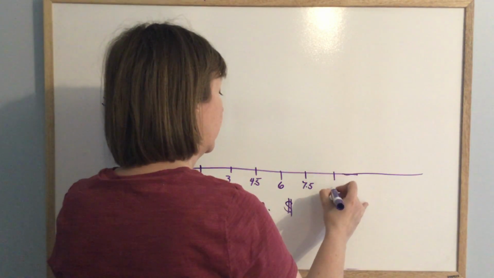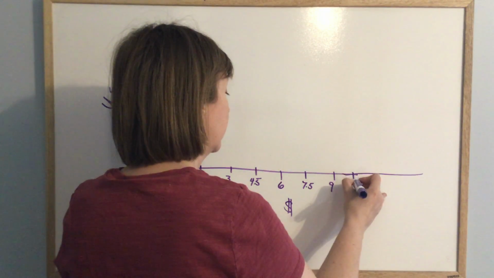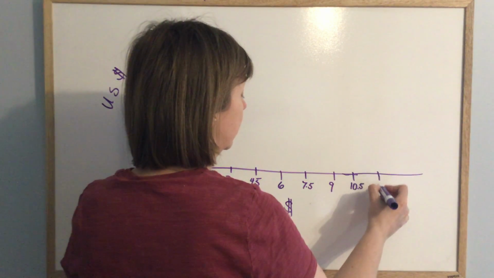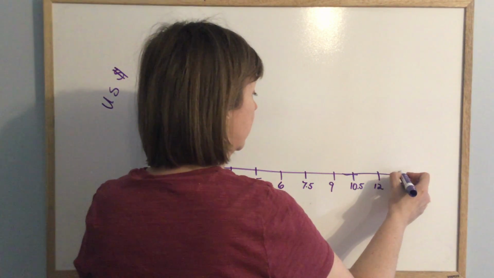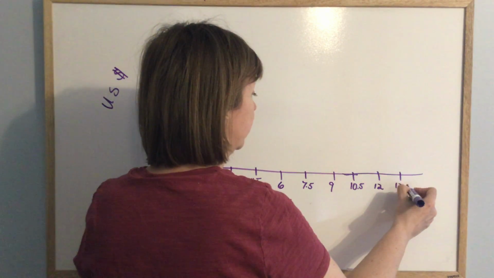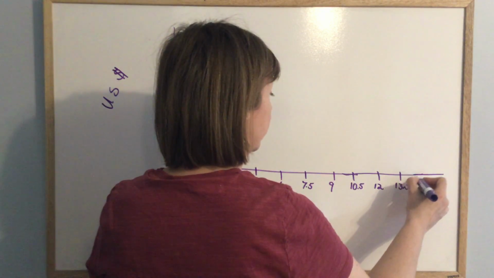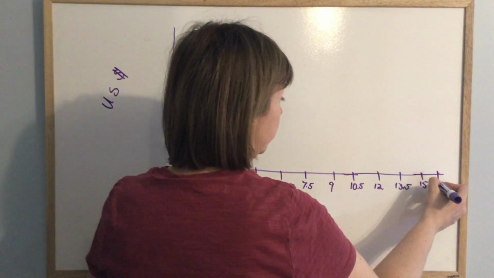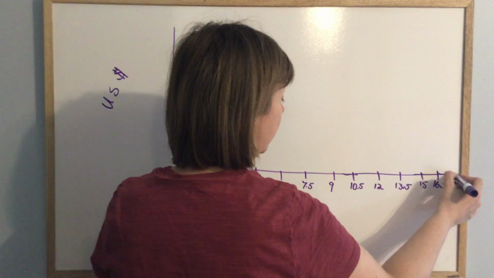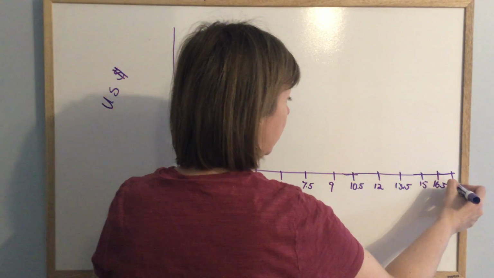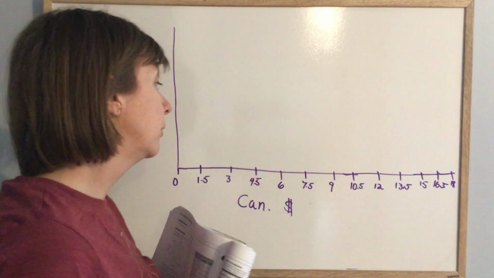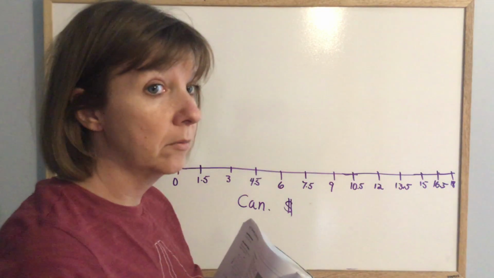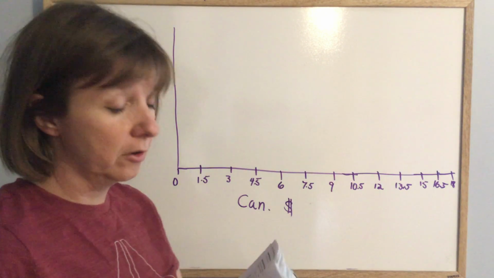And then the next one would be $9, and then $10.50, and then $12, and then $13.50, and then $15, and then $16.50, and then finally $18. All right, so theoretically, those are even. They're the same because it's one square each. So I made each square worth $1.50.